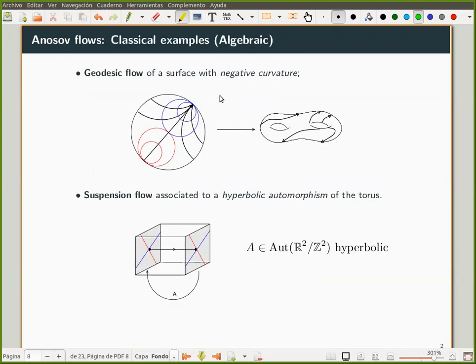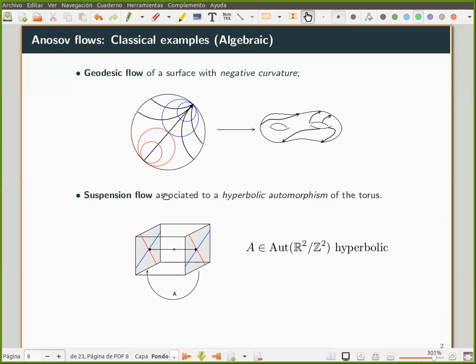The classical examples of Anosov flows are the geodesic flow of a surface with negative curvature and the suspension flow associated with an Anosov diffeomorphism on the two-dimensional torus. This second example is constructed as follows. Consider an Anosov diffeomorphism on the two-torus, for example, a hyperbolic linear automorphism given by a hyperbolic matrix with integral coefficients.